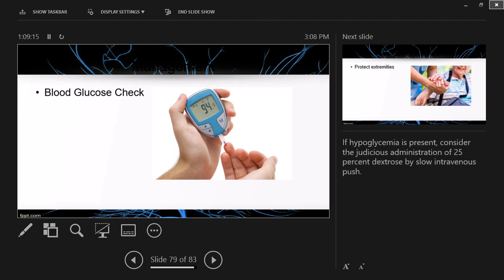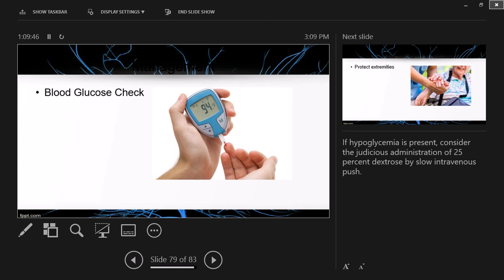So one of the things that we want to look at here is that we only want to give dextrose or glucose if our blood sugar is less than 60 and we feel like the blood sugar is beginning to drop. The other thing I would tell you is start out with D10 and give it really, really slow, much slower than what you would for a non-stroke patient.